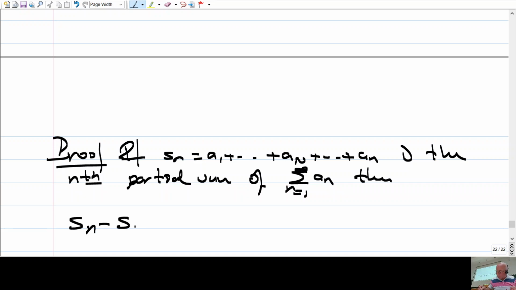Sn minus S(N-1), which is a_N plus... up to an.